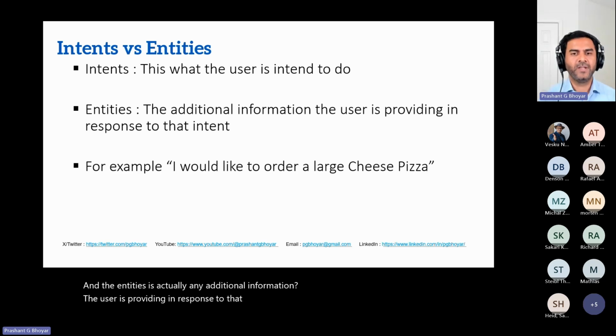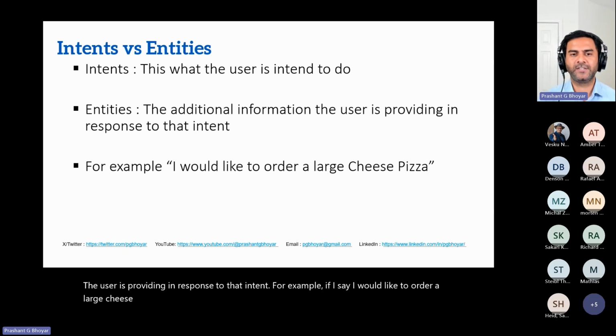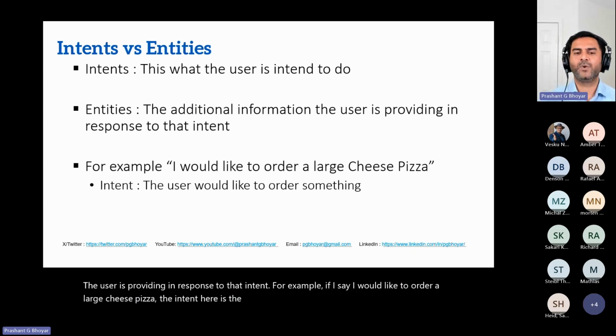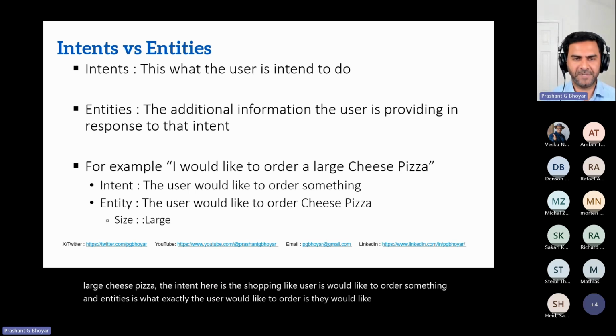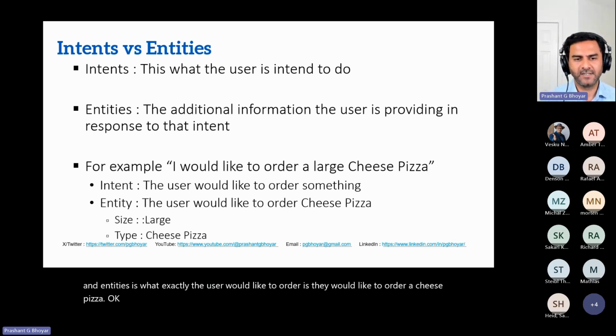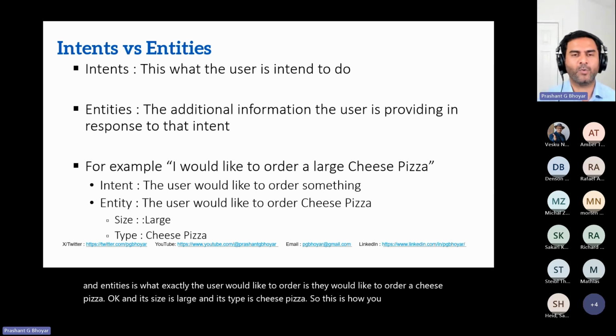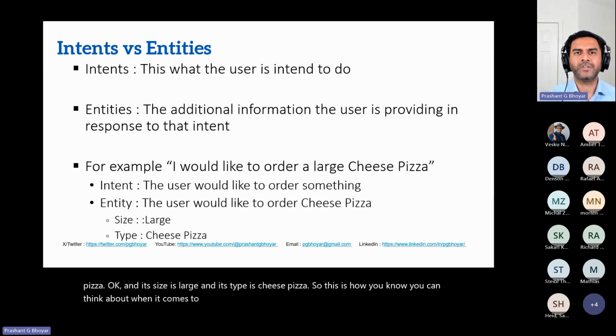For example, if I say I would like to order a large cheese pizza, the intent here is shopping. The user would like to order something, and the entities are what exactly the user would like to order: a cheese pizza, its size is large, and its type is cheese pizza. This is how you can think about building your conversational experience or conversational dialogues.